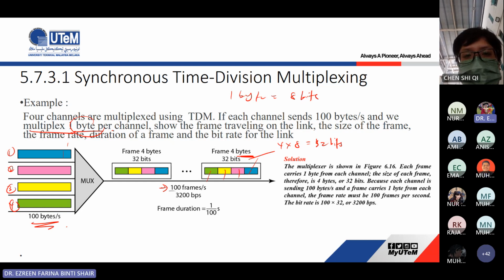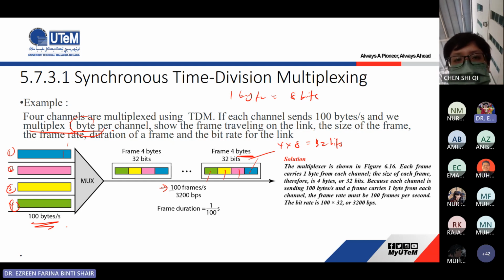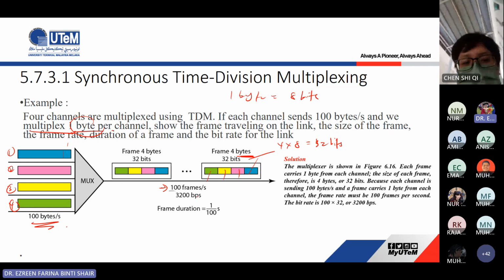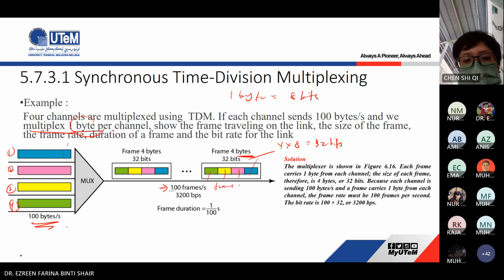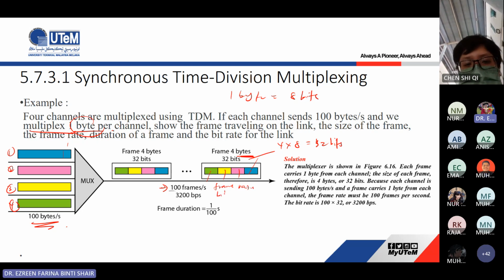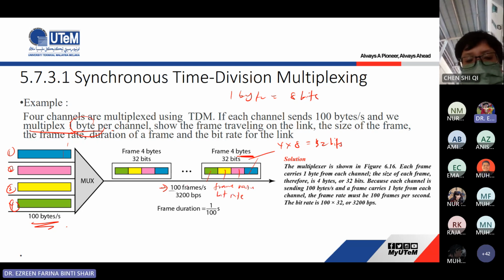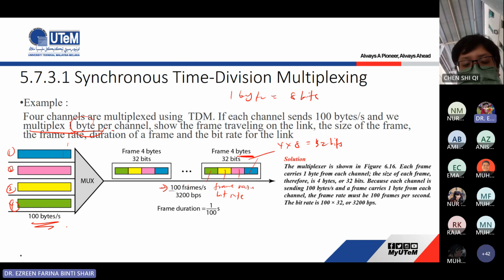And then the bit rate. This is the frame rate, and this is the bit rate. The bit rate is the same 100 frames per second, but in bits.